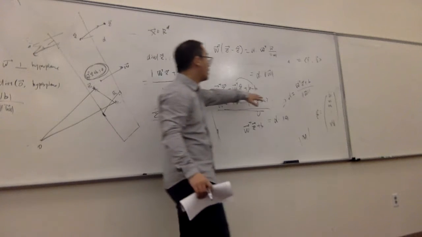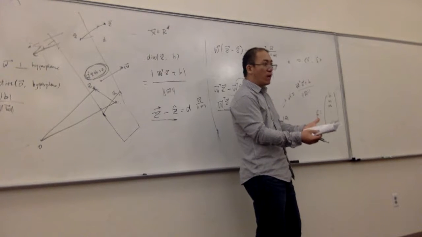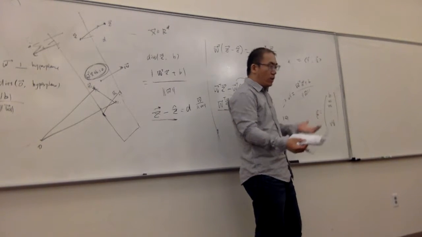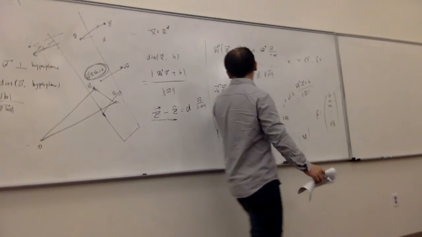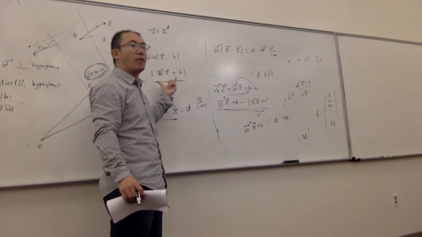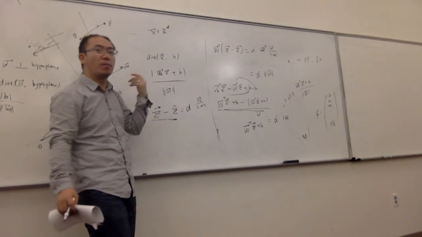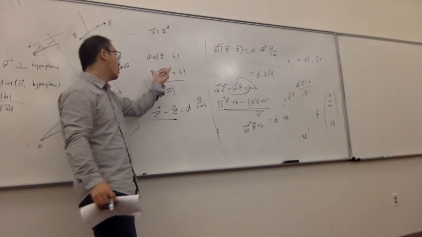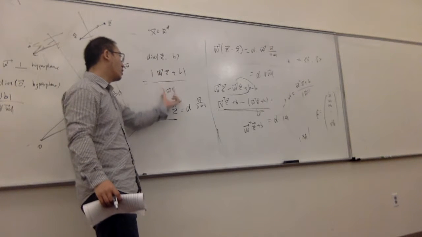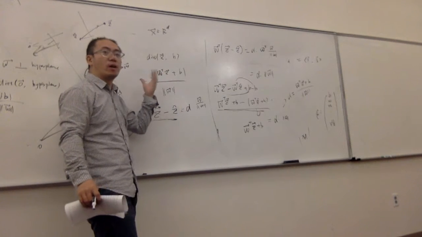And then you end up with a minus sign here. So if you unify the two expressions together, you have to put an absolute value on the classification function value. And this is reasonable because the distance must always be non-negative. So you must ensure that both the denominator and numerator are non-negative.